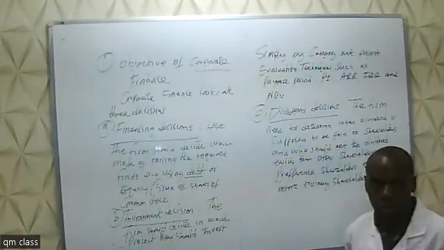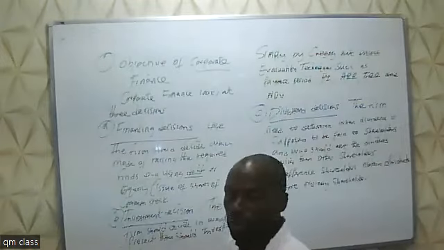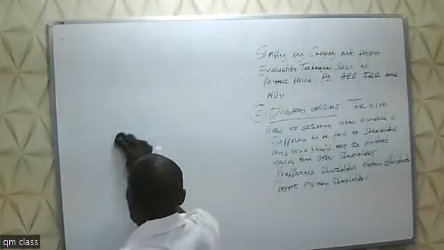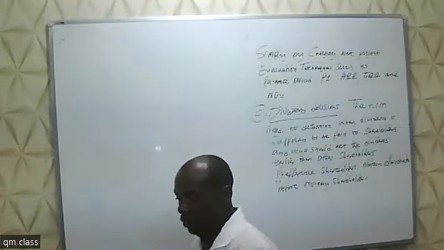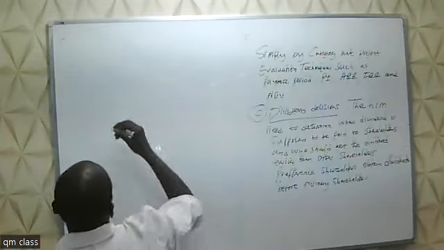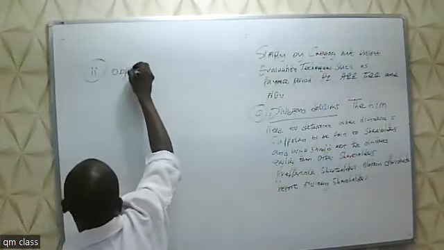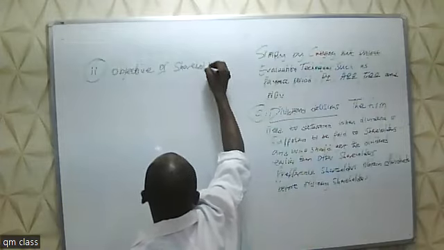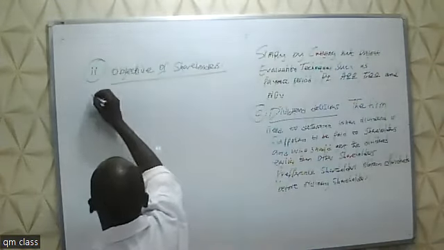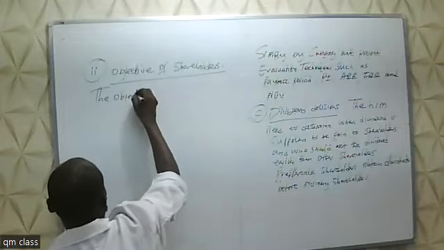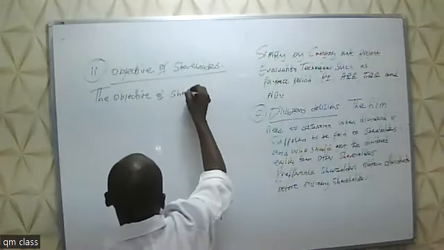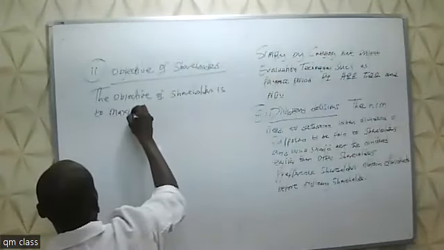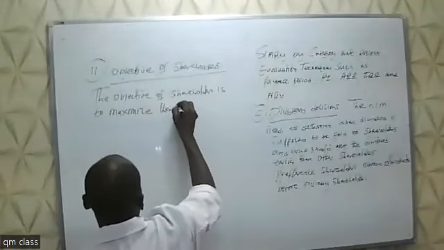So we're getting down to topic 2, a very important topic, company finance or corporate finance, looking at how the company can obtain the required funds. So we have the second one, which is objective of shareholders. The objective of shareholders is to maximize their wealth.